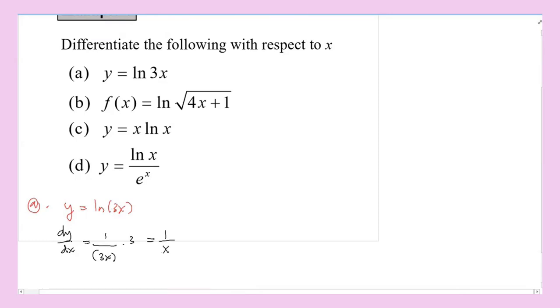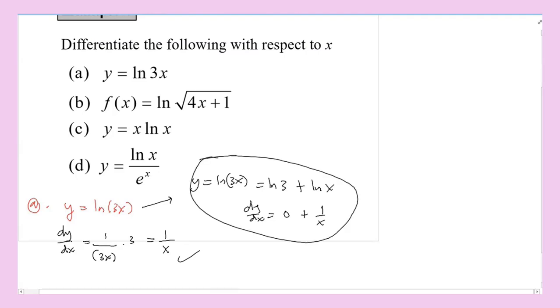Okay, actually you can separate this one using the property of log. ln(3x), okay, ln(mn) is equal to ln m plus ln n, right? And then dy/dx, this is constant. Differentiate constant 0. Differentiate this one 1 over x. Sama. Actually guna yang ni lah saja. I want to show you. Later on we are going to use this concept.